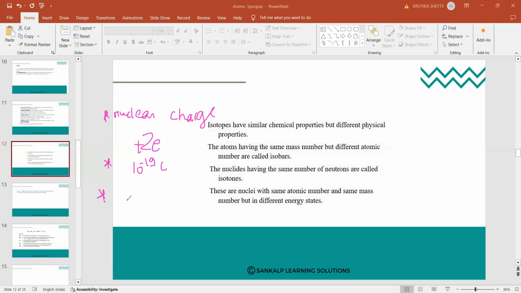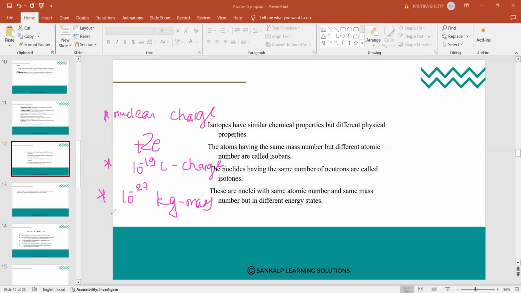And the mass of the nucleus is of the order of 10 to the power of minus 27 kg. So the mass of the nucleus is of the order of 10 raised to minus 27 kg, and the charge value is of the order of 10 raised to minus 19 coulomb, and the charge of the nucleus is always taken as plus Ze.